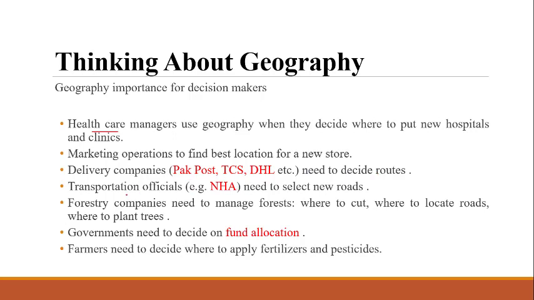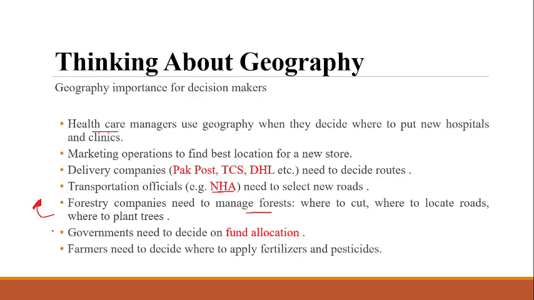It can also be used by transportation offices like NHA, the National Highway Authority, to select new routes. It can be used for forestry purposes, to manage forests: where to cut, where to locate roads, where to plant trees, etc. That is the Billion Tree Tsunami nowadays, using GIS.